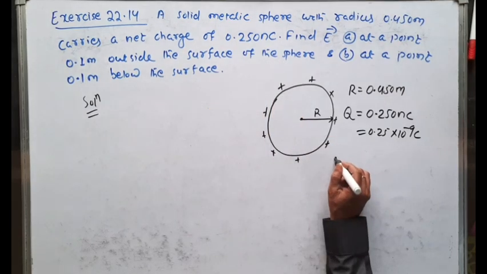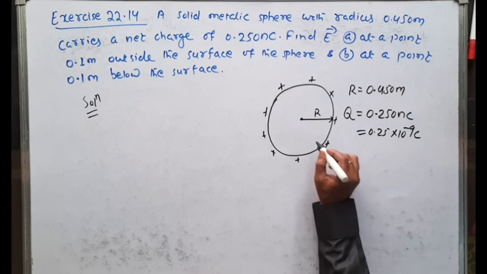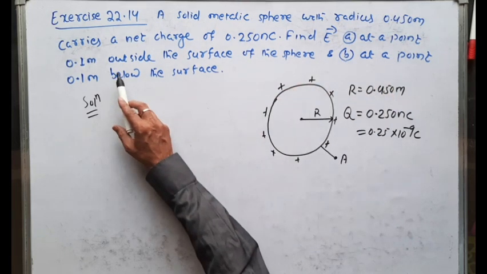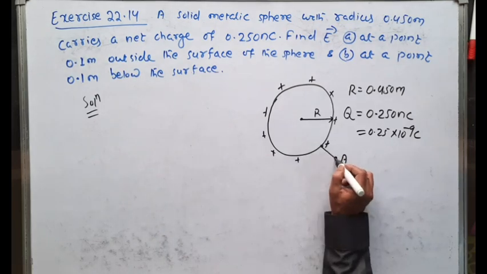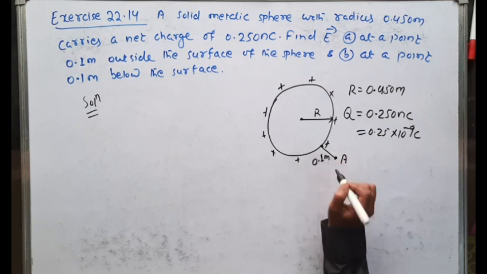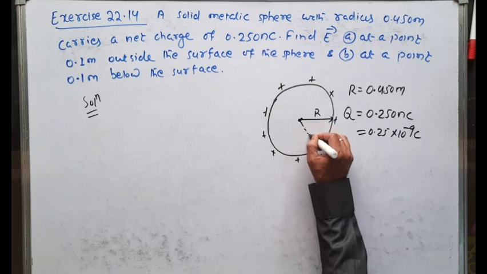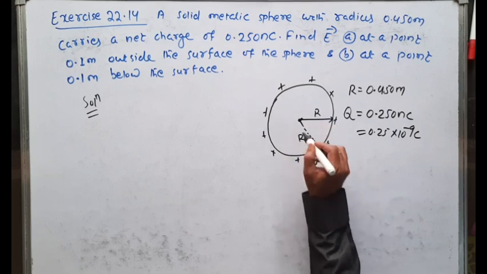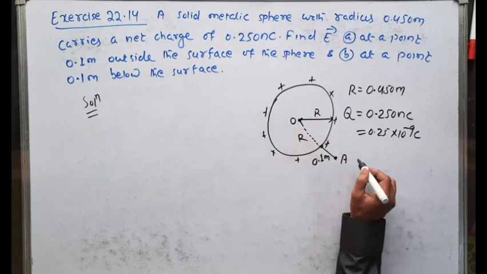So you take a point A at 0.1 meter outside the surface. From the surface this point A is at what distance? 0.1 meter. But from the center, this radius is r. So this is the center. From the center to this point A, what is the distance?